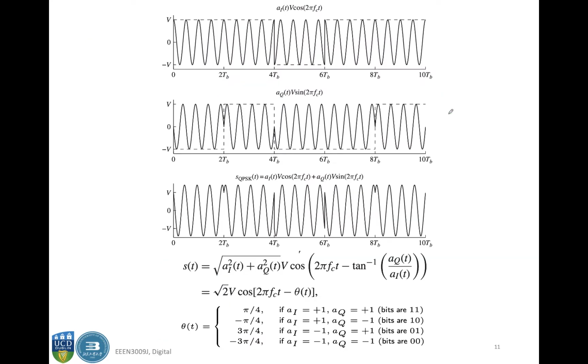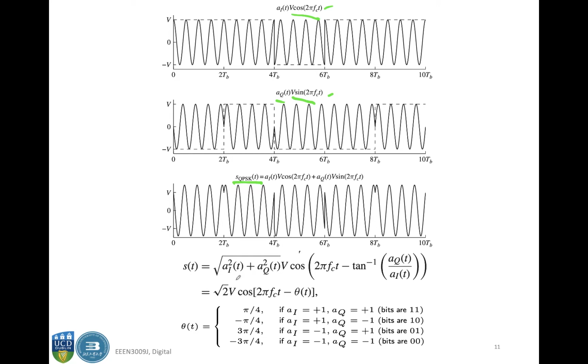If you look into the 2 tributaries aI(t) and aQ(t), modulated with their corresponding carrier frequencies, they will look like this. And then the composite signal is the sum of these 2, and that will look like this.